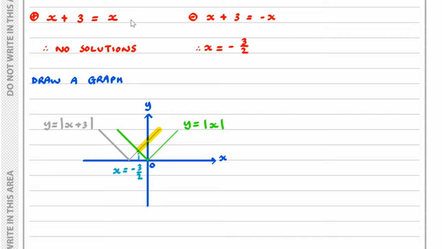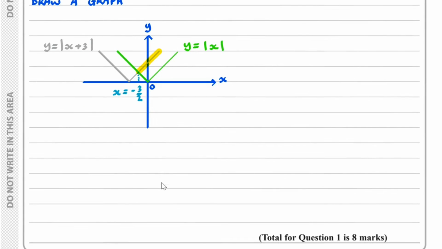Reading off the solution, we can see then that the series is convergent on x belonging to the set of real numbers where x is greater than negative 3 over 2.